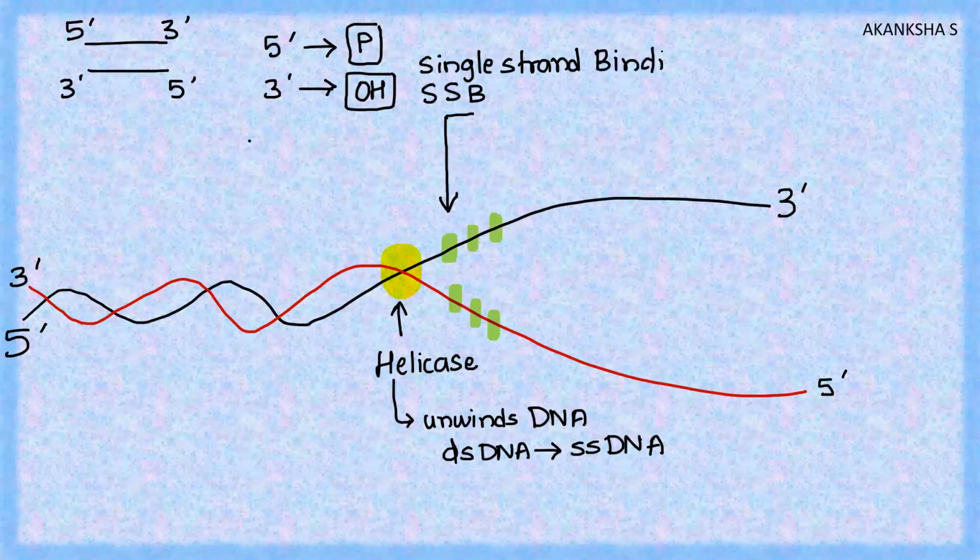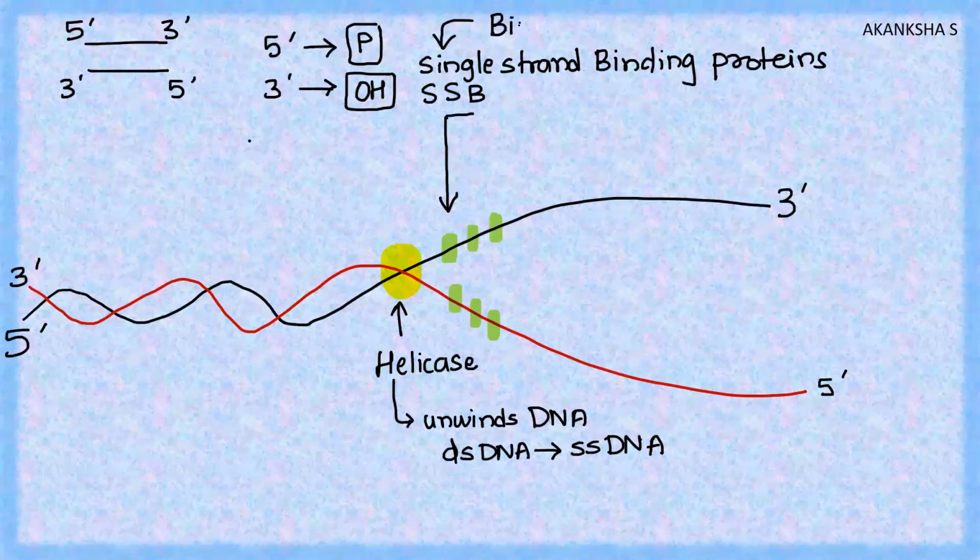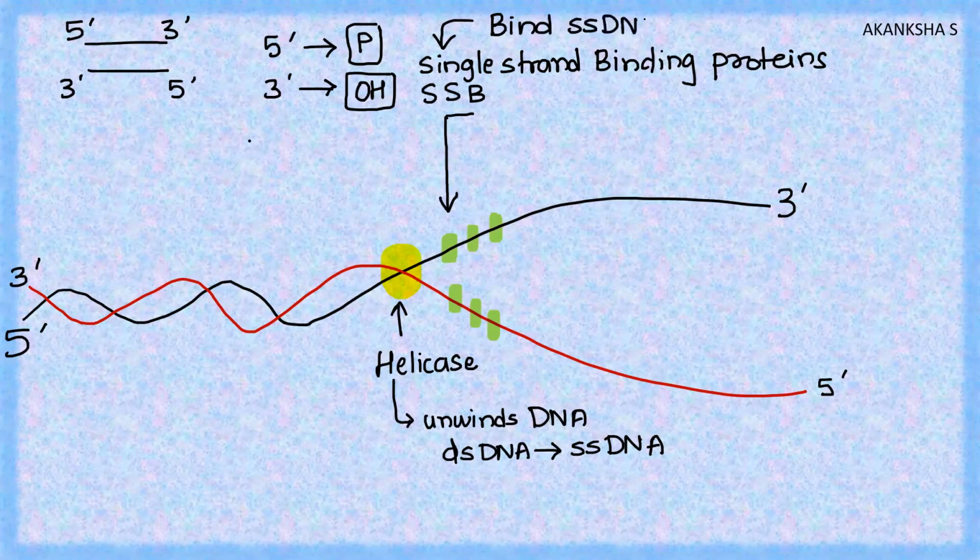See, the term itself gives you an idea of what they do, right? So what do you think is their use? They are going to bind to the single stranded DNA, SS meaning single strand, and they are going to keep it unwinded. Okay, keep unwinded.